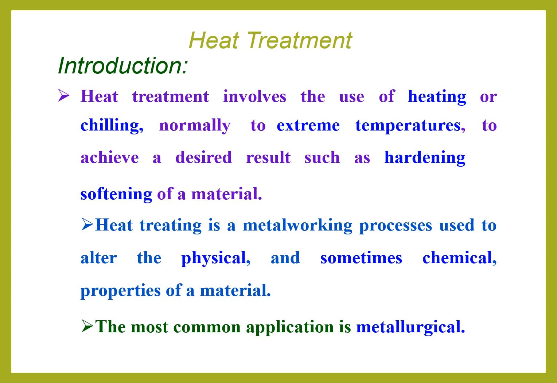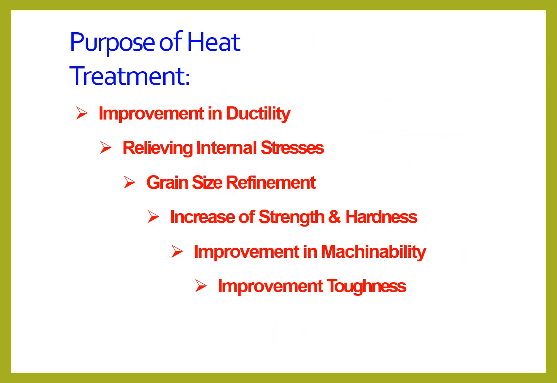Why do we do this heat treatment? We have to improve the properties of the materials. So what are the major purposes of heat treatment? We can improve the ductility of the steel and relieve internal stresses.